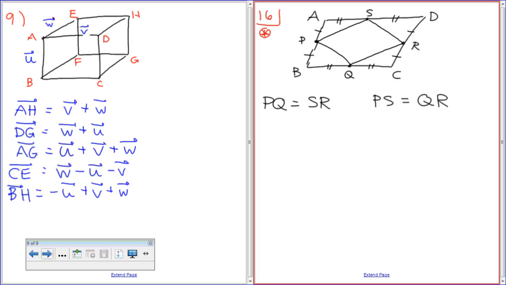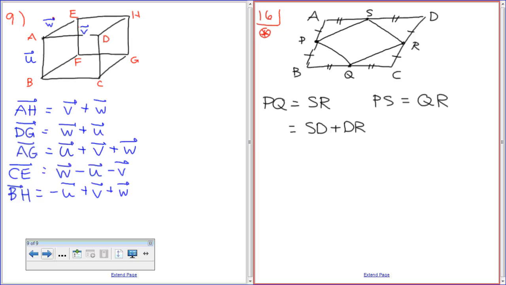So what's another way I can write SR? Okay, not all at once. What's SR? Go ahead, Dylan. Isn't that SD plus DR? SD plus DR, very good. Now here's the thing, I want that to equal PQ, so I'm going to try and make that equivalent to vectors over here, okay?